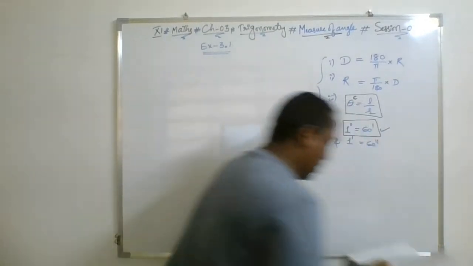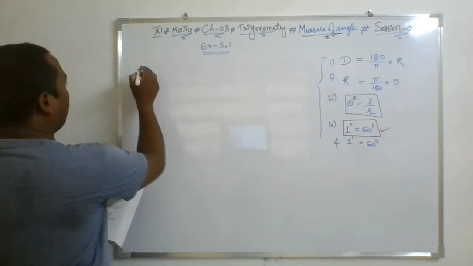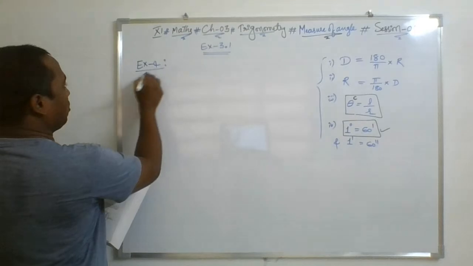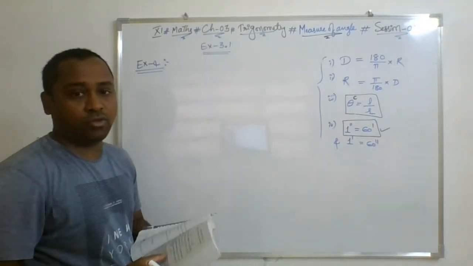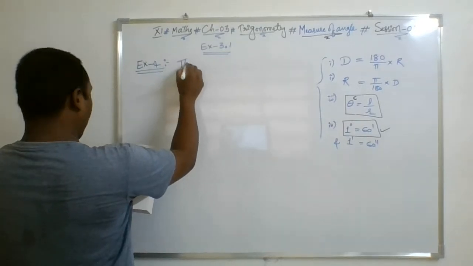And what is example number 4? Look, these are all important sums. Based on this discussion only, the entire exercise you can complete. Example number 4, I am writing the question here.